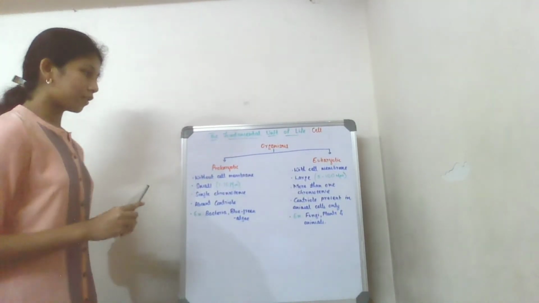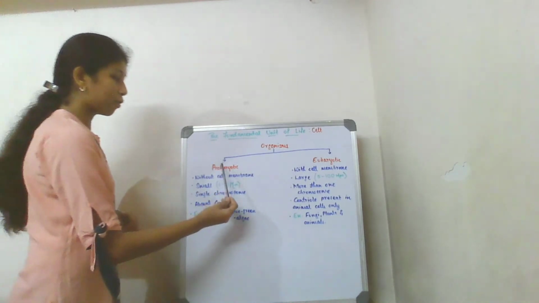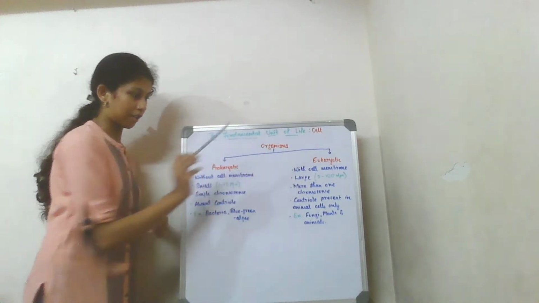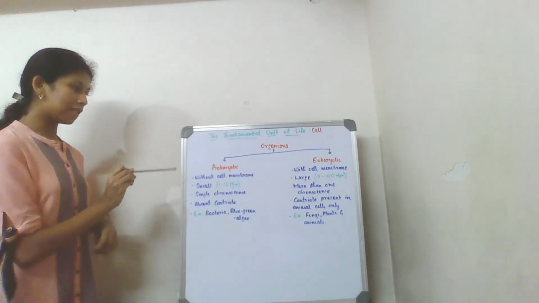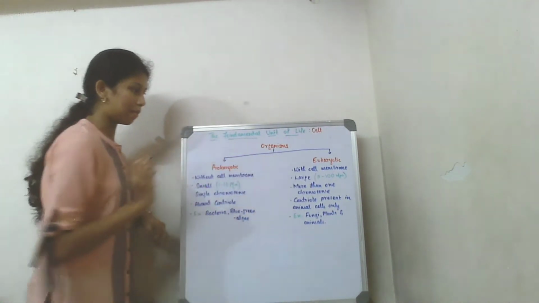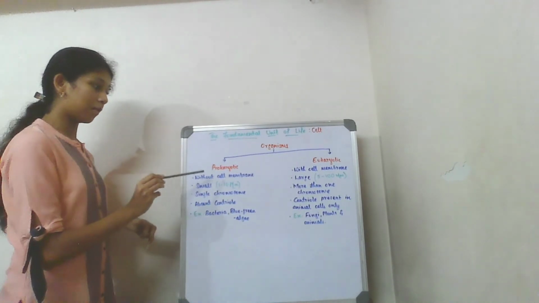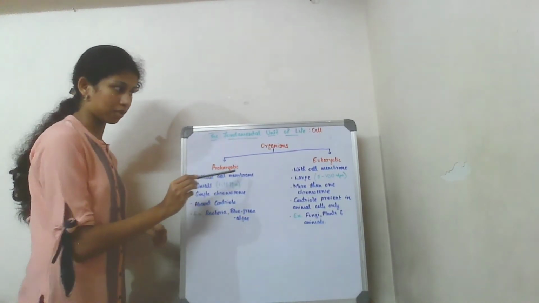So now we are going to study that cells are classified into two types, that is prokaryotic cell and eukaryotic cell. Prokaryotic cells do not have a cell membrane, whereas eukaryotic cells have a cell membrane. Prokaryotic cells are generally small, measuring 1 to 10 micrometer.